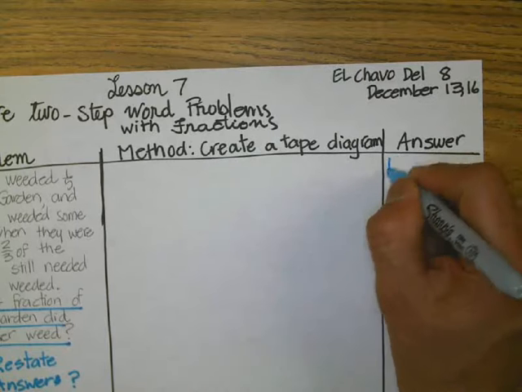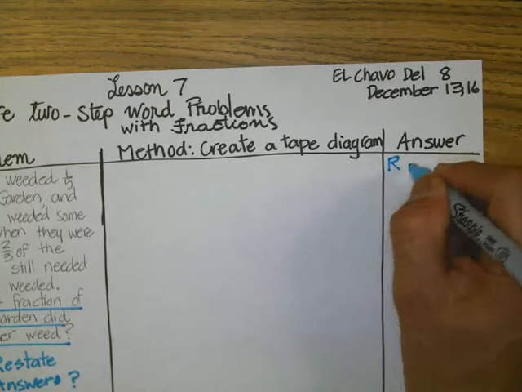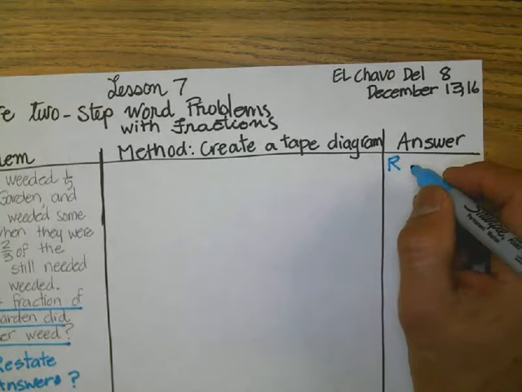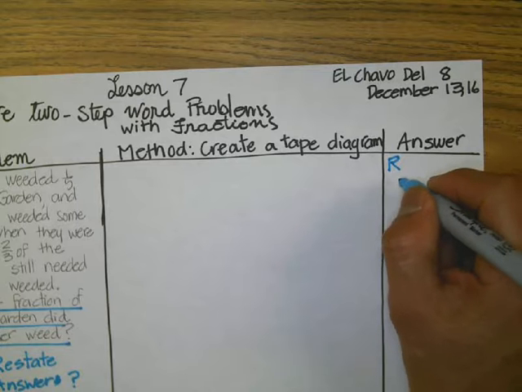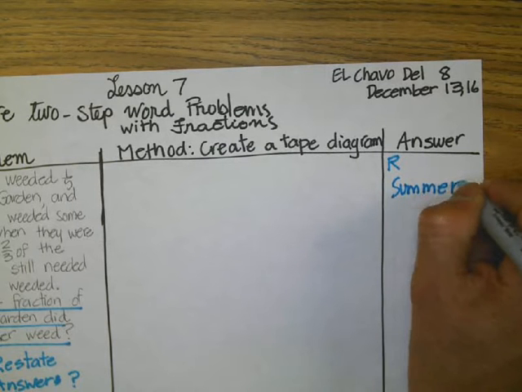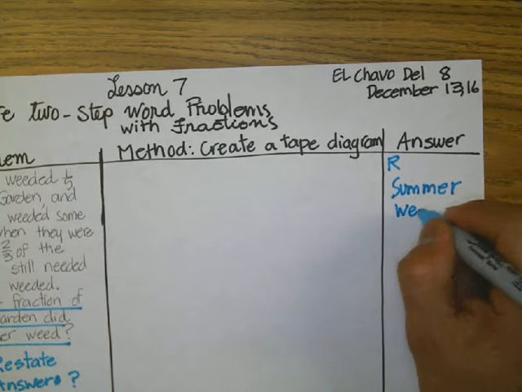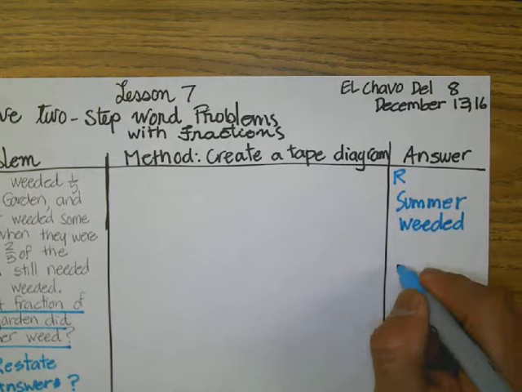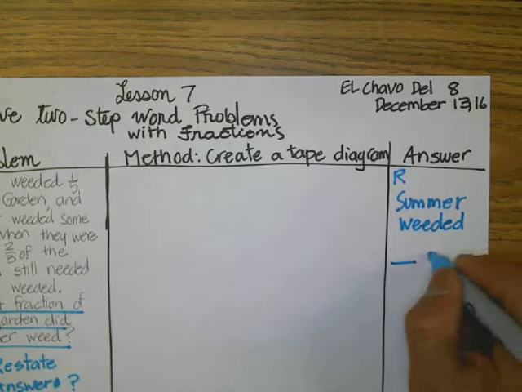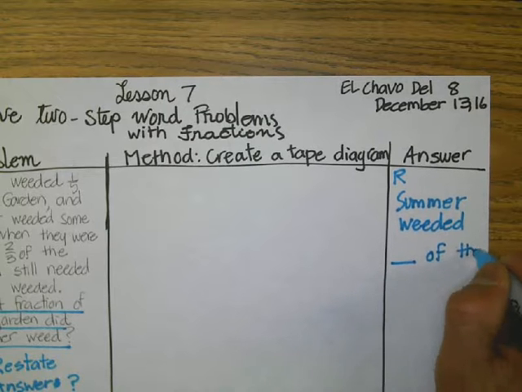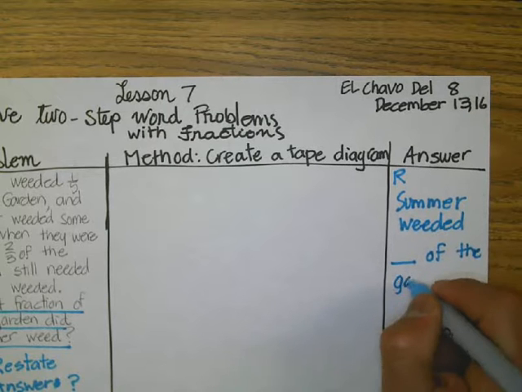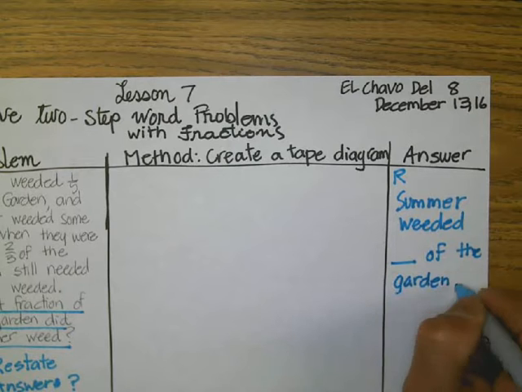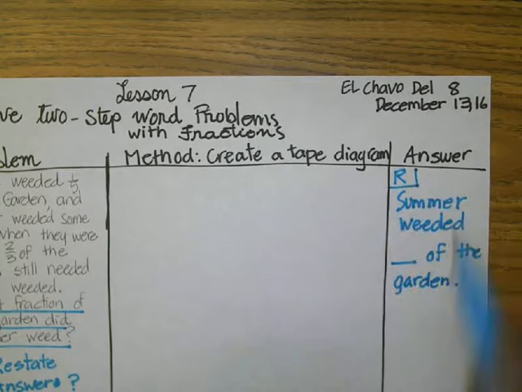We're going to write an R for restate, and we're going to say, Summer weeded this much of the garden. That's what we need to answer. That is our restating the question.